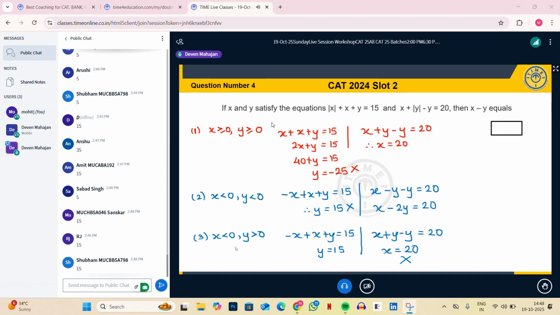The fourth case that is remaining to be tried is x is positive, y is negative. So if you assume x is positive and y is negative, your first equation will become x plus y. Mod x will be simply x since x is positive. So this will give us 2x plus y is 15.